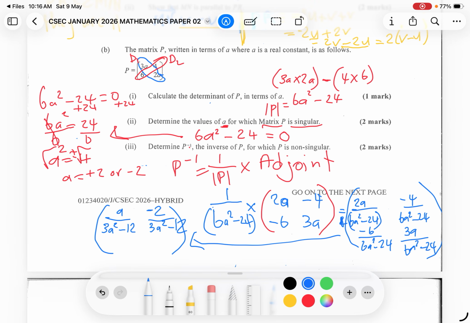We could have factored out 6 from the denominator of the third one here, because both 6 and 24 are divisible by 6. So if I'd factored out a 6, that would be negative 1 over a squared minus 4. The bottom one, we could factor out a 3, since the 3 is the numerator for this one.